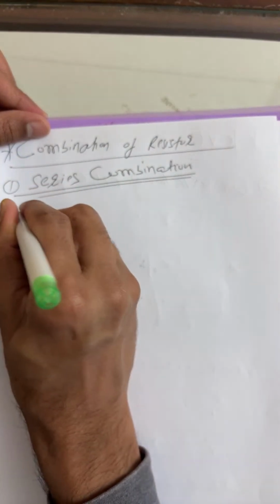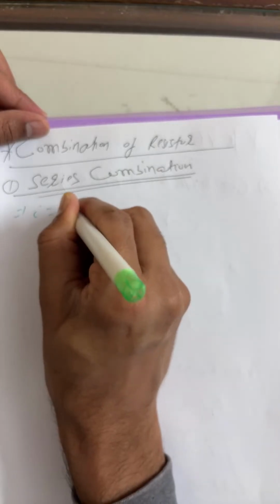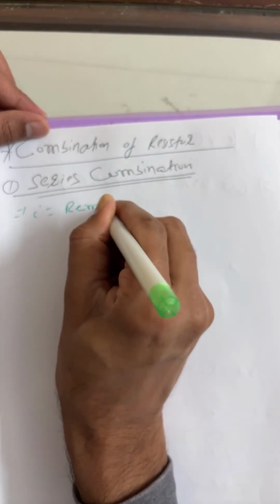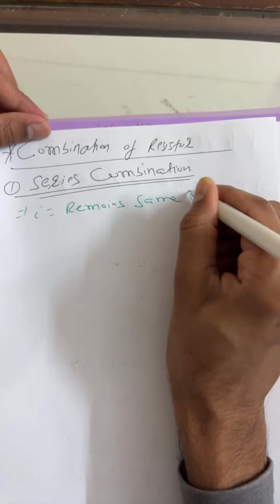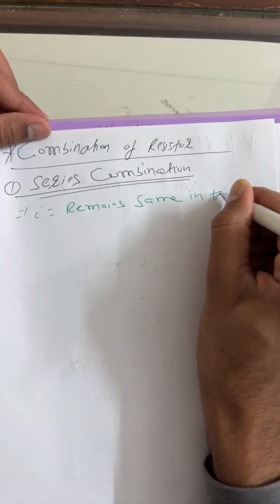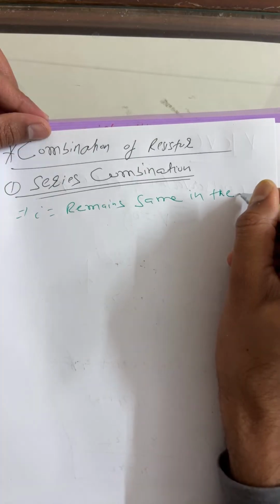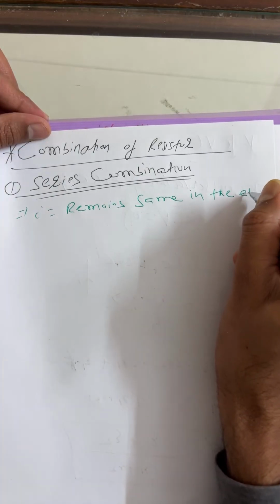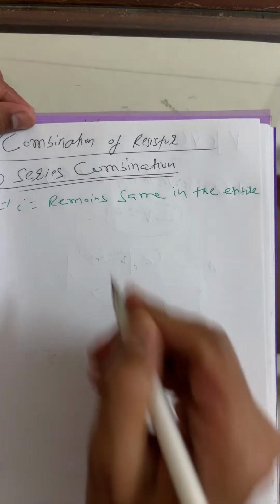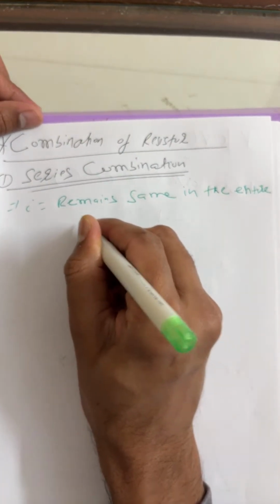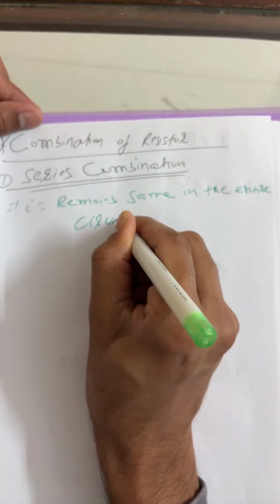I remains the same in the entire circuit. What remains the same for the entire circuit?